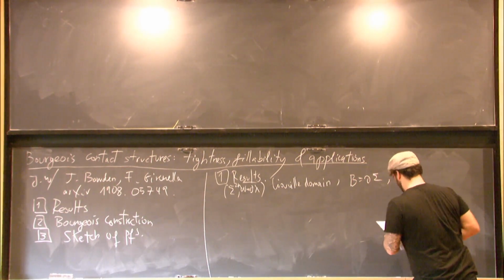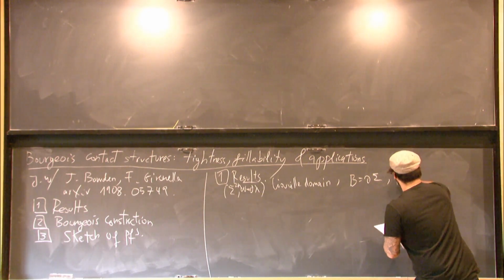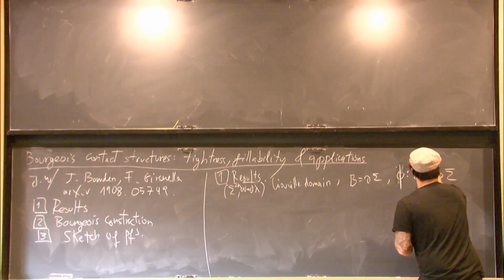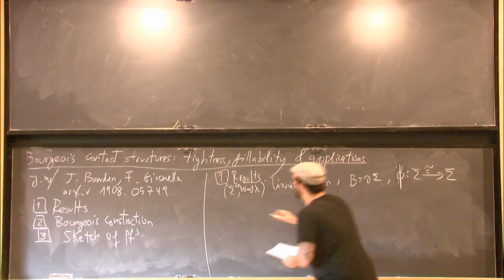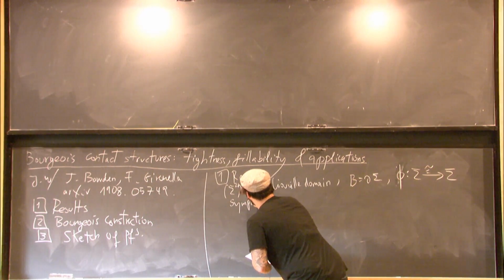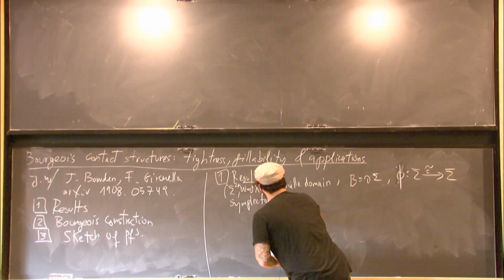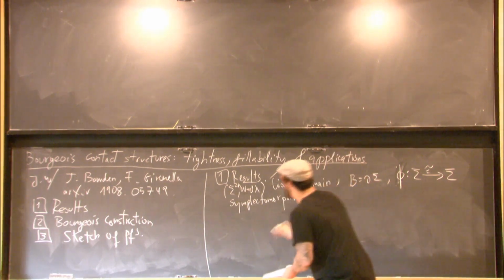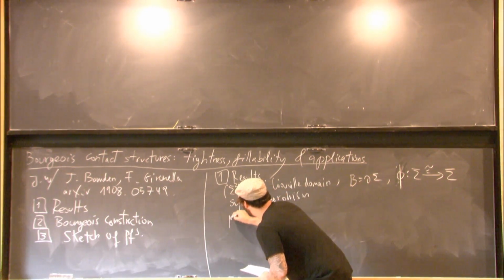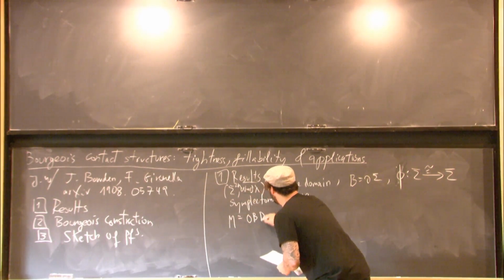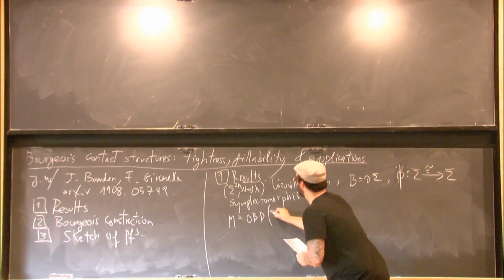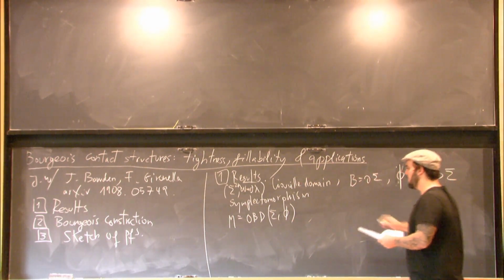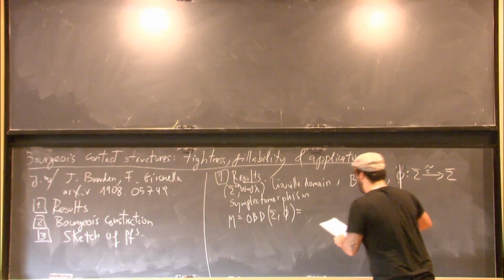And I have some monodromy phi, which is a diffeomorphism, which is a symplectomorphism. And I will denote by M OBD the open book decomposition associated to the Liouville domain Sigma and the monodromy phi as the following decomposition.